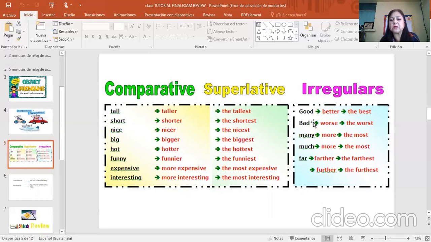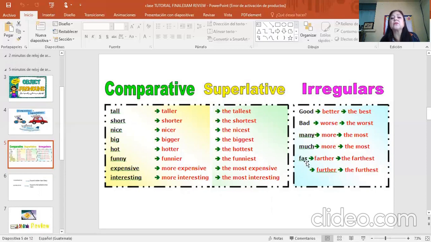The irregulars that I would like you to remember very well: good, the comparative is better, the superlative is the best. Bad, the comparative is worse, the superlative is the worst. Many, the comparative is more, and the superlative is the most. Much, the comparative is more, and the superlative is the most.